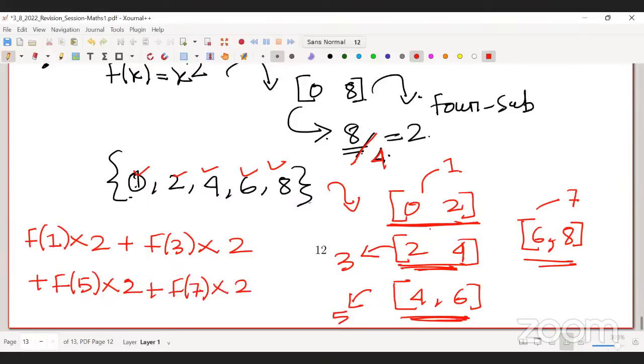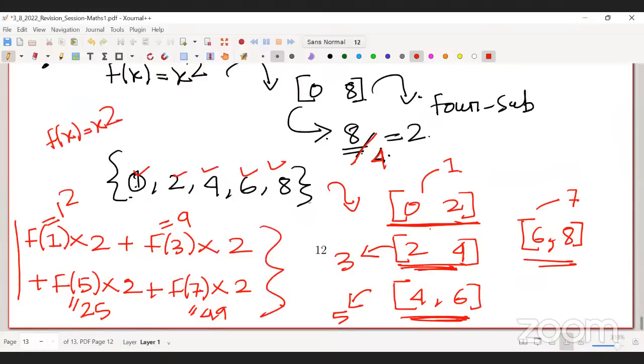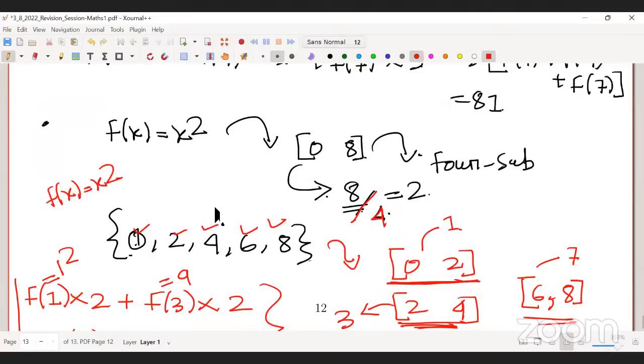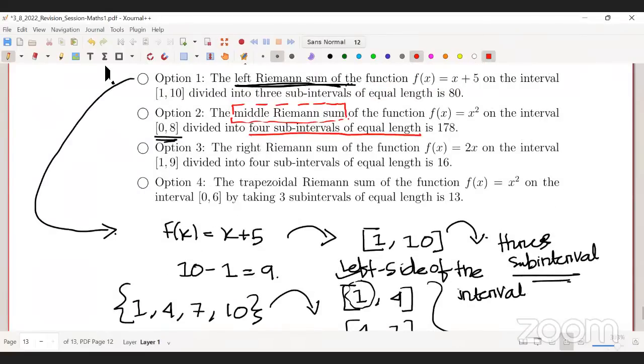If you compute this value, this is 1 squared, this is 9, this is 25, and this is 49, because f of x is x squared. So finally, if you compute, you will get some answer, 84.